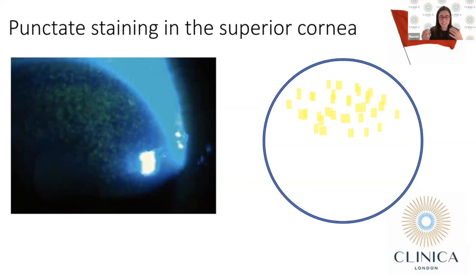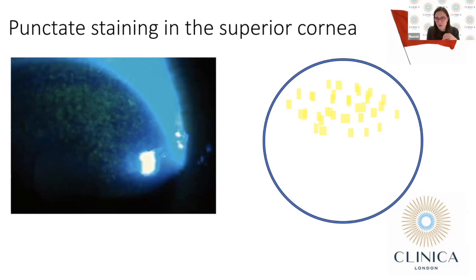But you actually very rarely see the superior part of the cornea with lots of punctate staining. So bank the thought that if you're seeing a child with this sort of history, chronic inflammation in the eyes, itchy, really uncomfortable, and you see this, then I would like you to think, I'm quite worried about that.